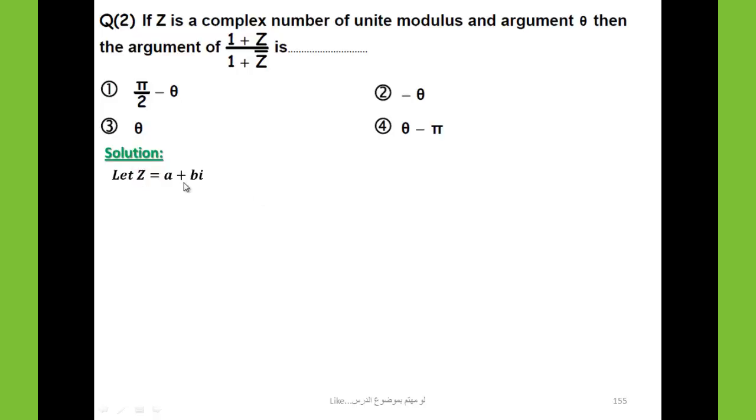Let z equals a plus bi. Z is a complex number equals a plus bi. Then z bar, its conjugate, equals a minus bi.